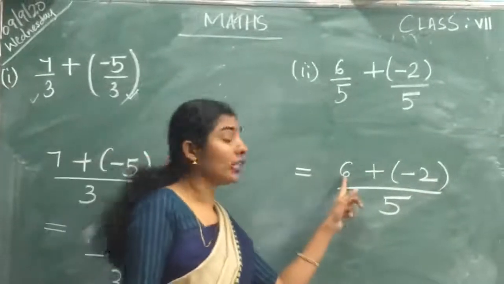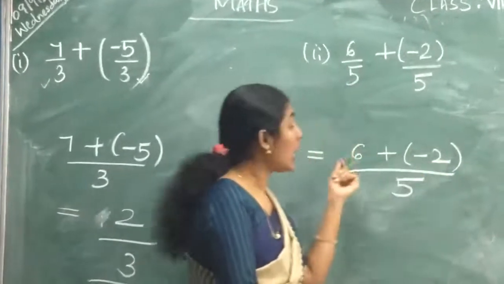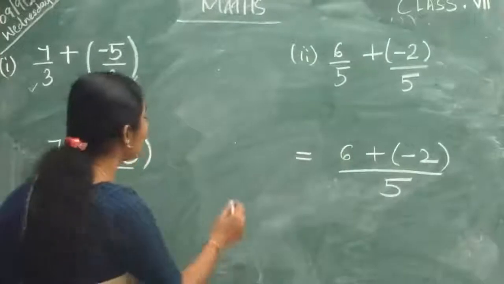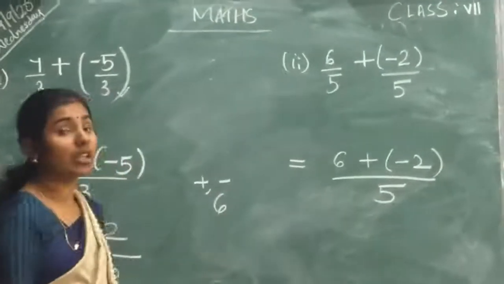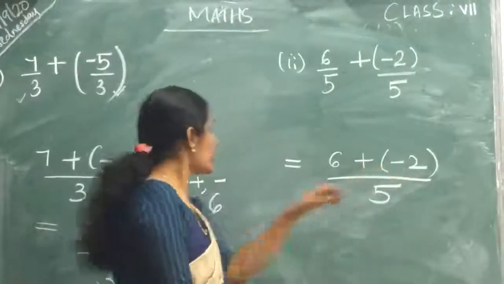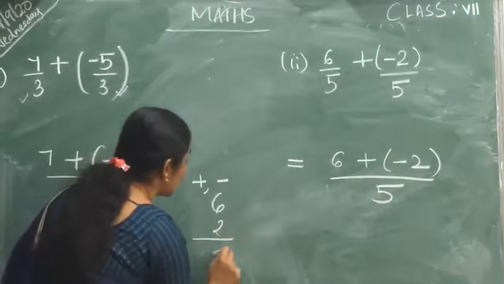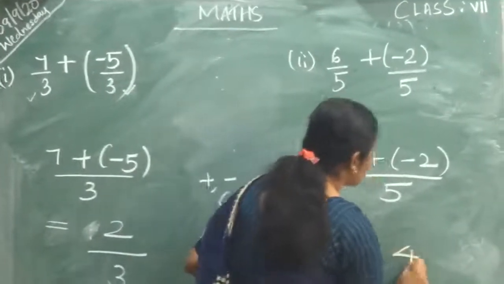Here again you have one positive number, and minus 2 is a negative number. How to add it? What is the rule? When you are given one positive number and one negative number, what should you do? Subtract the numbers. 6 and 2, when you subtract, what do you get? 4. So 4 you should write in the numerator.